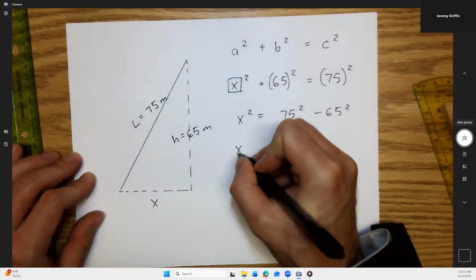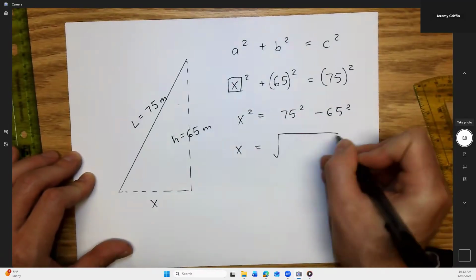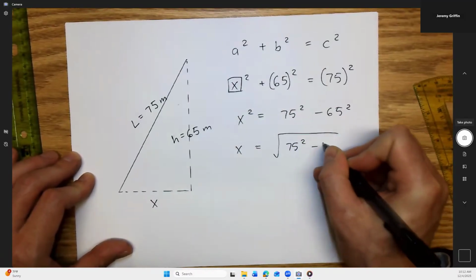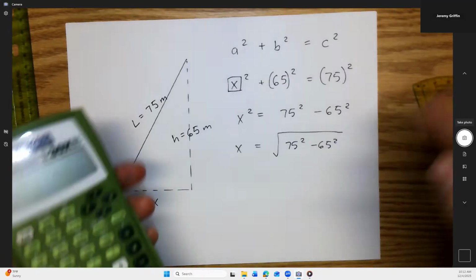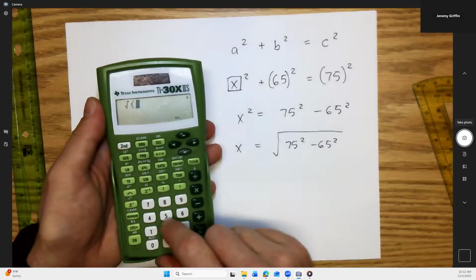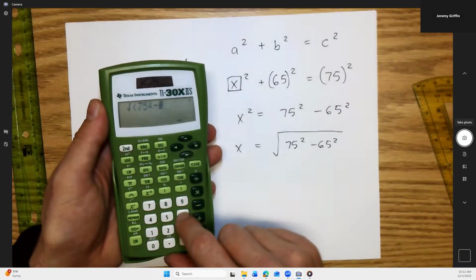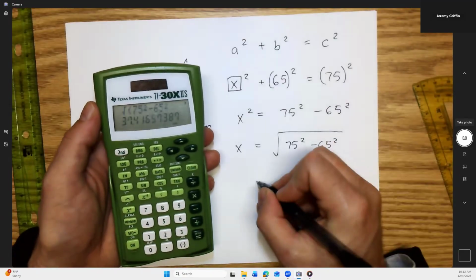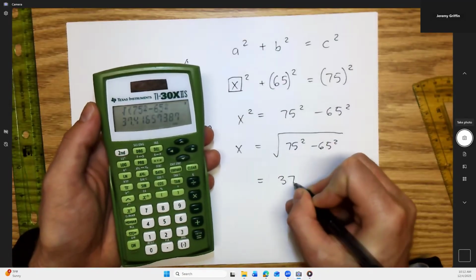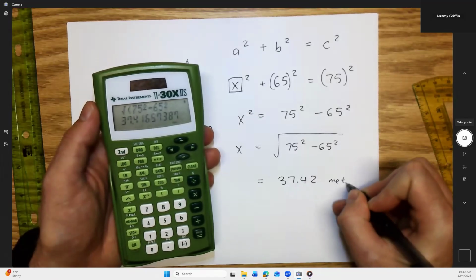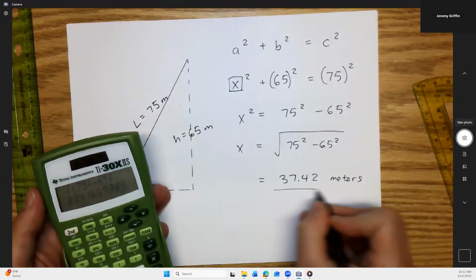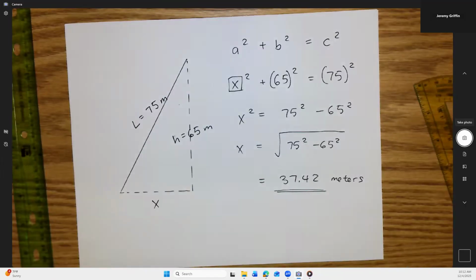So x is the square root of 75 squared minus 65 squared. Or you could square these numbers first and plug it into the calculator. The square root of 75 squared minus 65 squared is 37.42, and this would be meters. So the closest value was 37 meters.